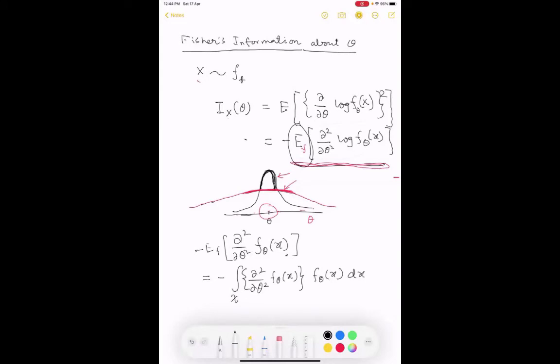I'm taking the differentiation with respect to theta, but doing the integration with respect to x, so you have to be careful there. That is what captures the entire thing.